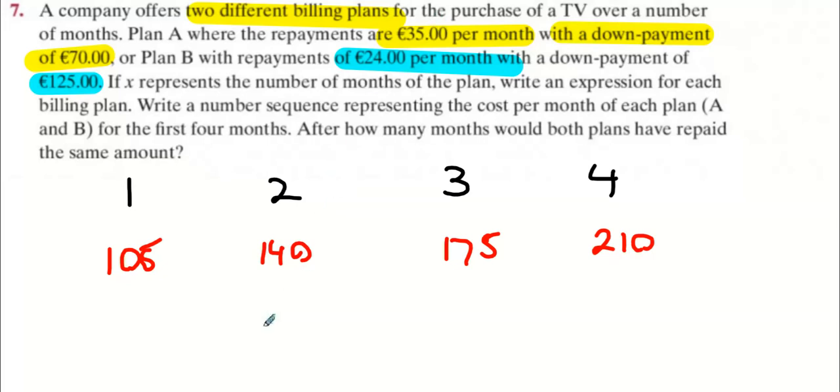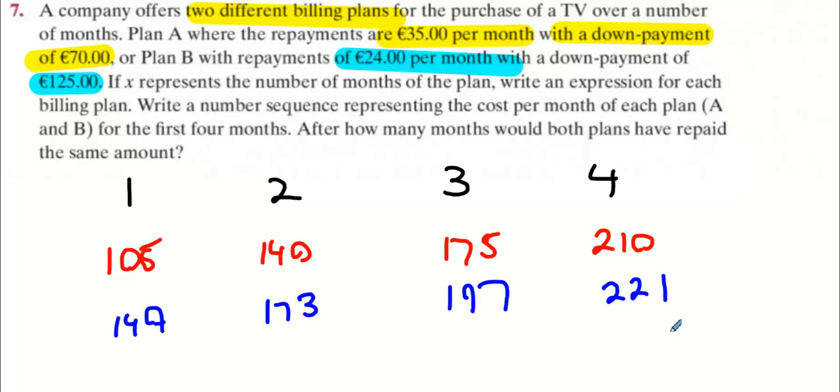What about plan B? How much would you spend in the first month? All right, after that, add on 24. 173. After that, 197. And after that, 221.